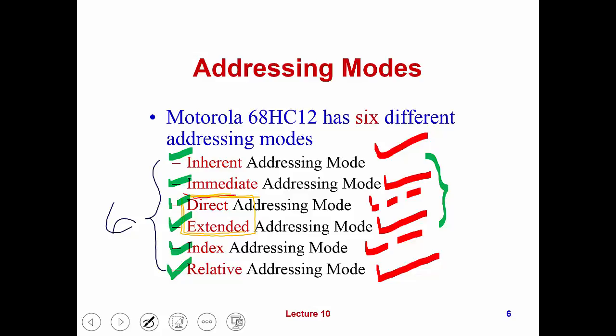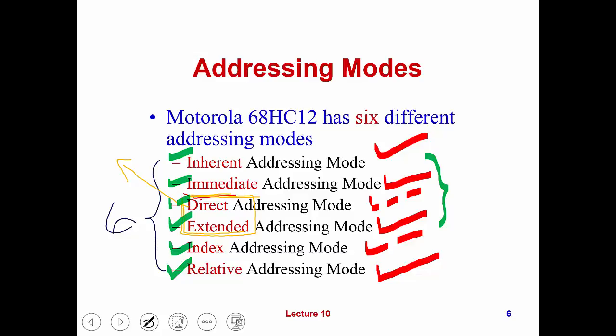The only difference is what? For the direct address mode, we only provide a 1-byte address. In other words, even though the full address of a memory location is 16 bits, for the direct address mode we only provide what?